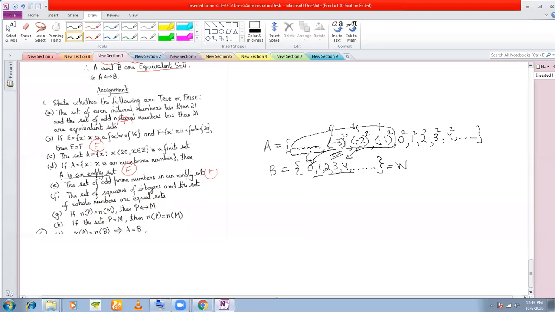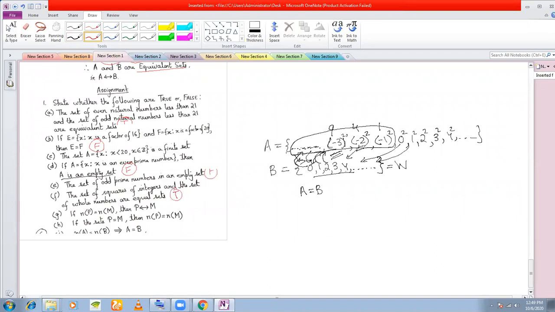All the elements of this will be in this, and these are obviously there. So A is contained in B and B is contained in A. That means all the elements of A are in B and all the elements of B are in A. Therefore, they must be equal sets. A is equal to B. So this time, this is true.